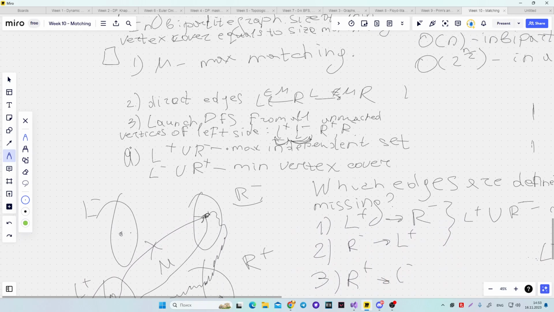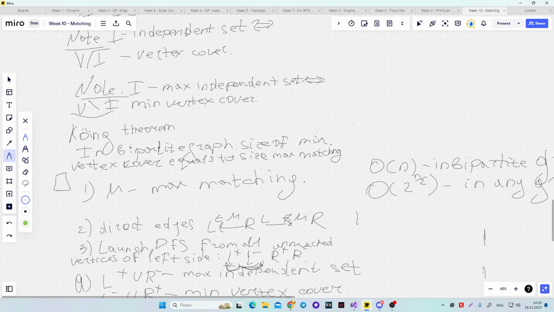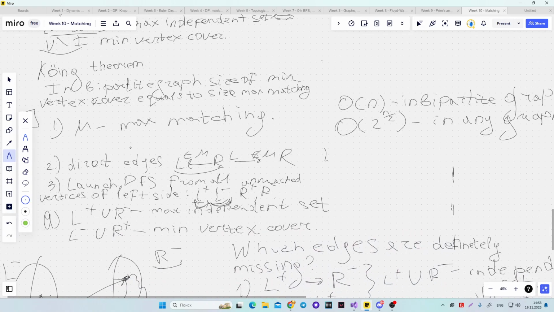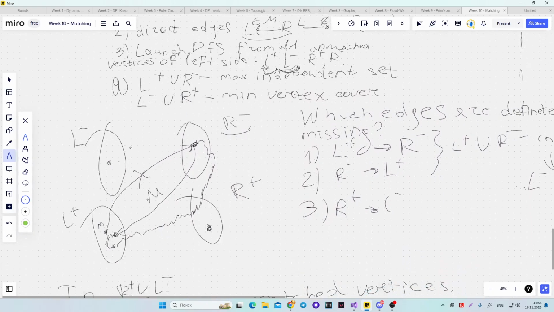We just defined it like this, where we consider only these vertices and only these edges, and we get that this edge doesn't exist at all, R plus to L minus, and this edge doesn't exist at all, R minus to L plus. That means we get only these edges or these edges.